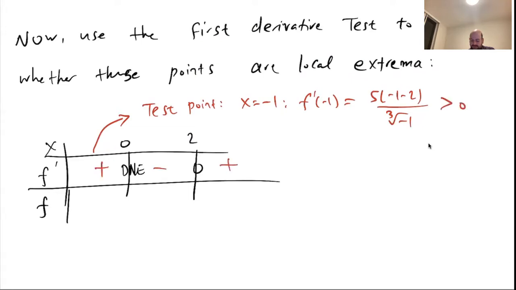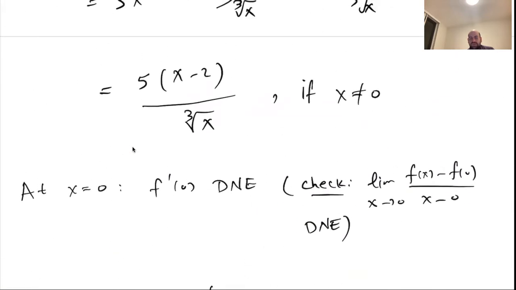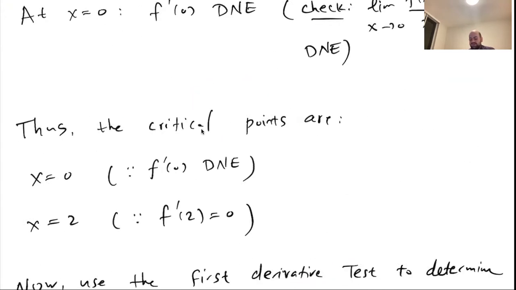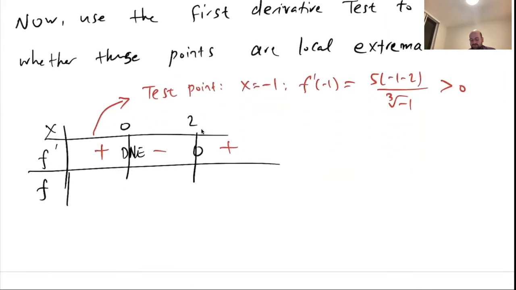Positive, negative, positive. So x equals 0 is not a root of f prime, but it's a 0 for the denominator. So still the sign changes at that point, because at 0, the denominator changes the sign. So if the denominator changes the sign, the whole fraction also changes the sign, right? So although 0 is not a root for f prime, still the sign changes at this point.